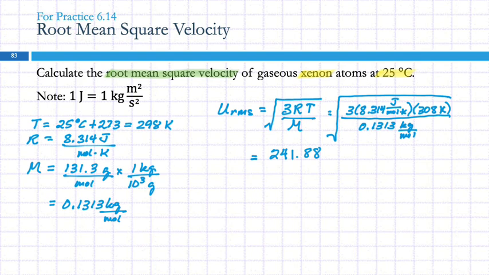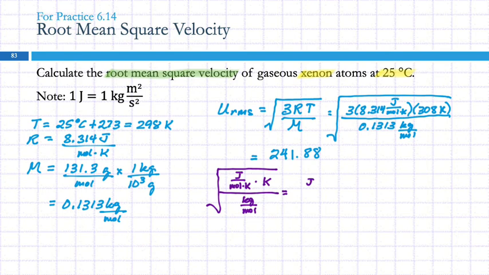So what we've got there is in the numerator we have joules per mole times Kelvin, and then in the denominator we have kilograms per mole, and we have the square root of the whole thing. If I'm dividing by a fraction, that's the same as multiplying by the reciprocal, right?